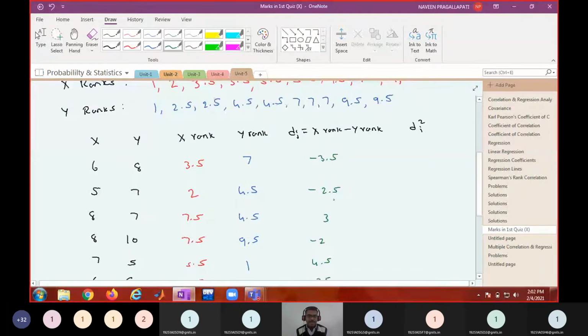I will copy. 3.5 square is 12.25. Next 6.25.